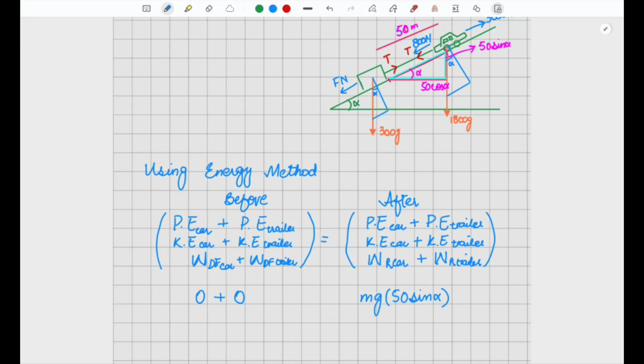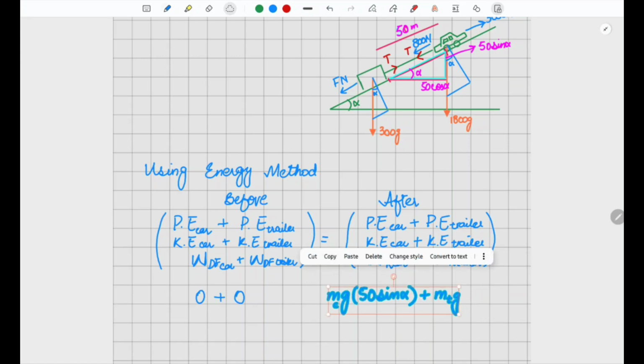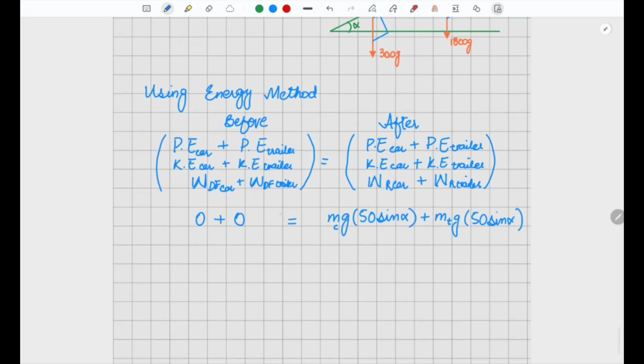This is for the mass of car plus mass of trailer, times g times 50 sine alpha. This is for potential energy.